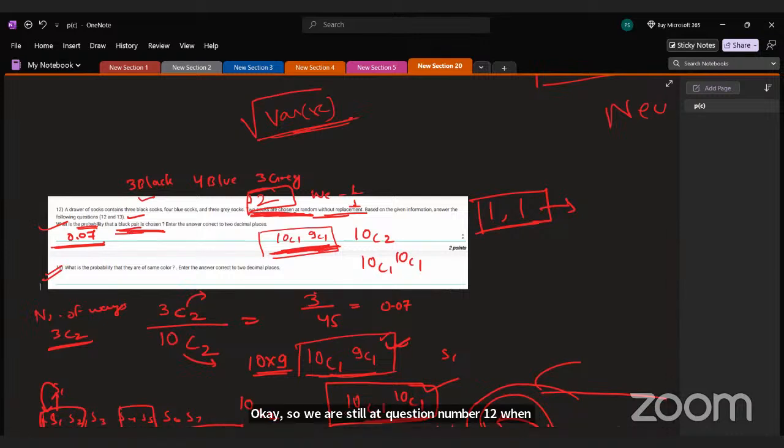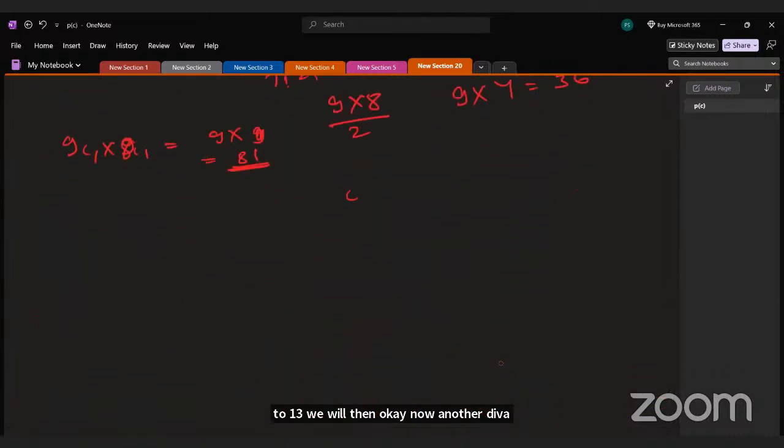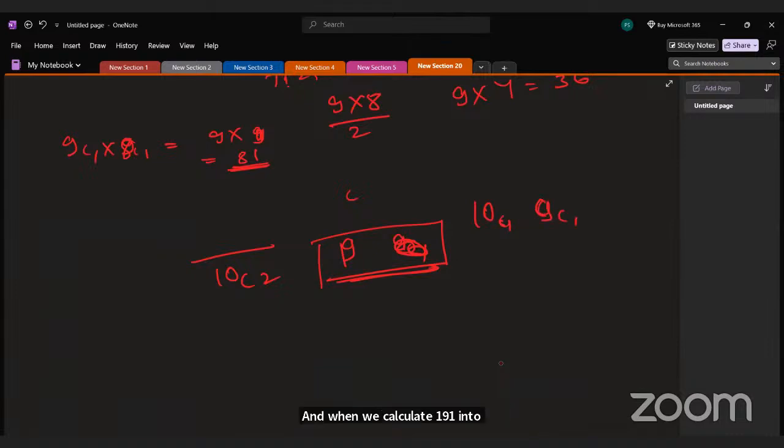Now another question from Divya: instead of choosing this, we should go this way: 10C1 and 9C1. Sir, but both answers are different. When we calculate 10C2, we get 45, and when we calculate 10C1 into 9C1, we get something different.